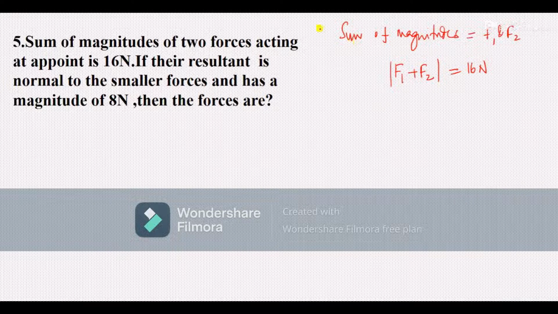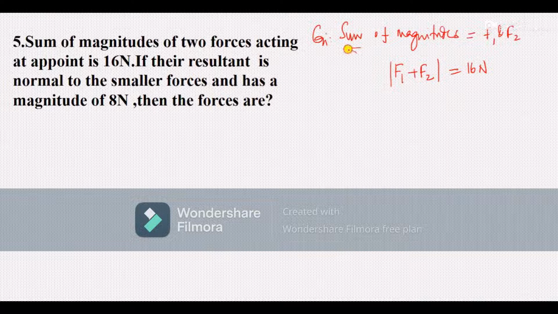Here we understand that it is a sum of magnitudes, not a vector sum. If it were given without the sum of the forces, then we would have to consider the resultant equation. Here we are not considering the resultant equation because the value is given directly.